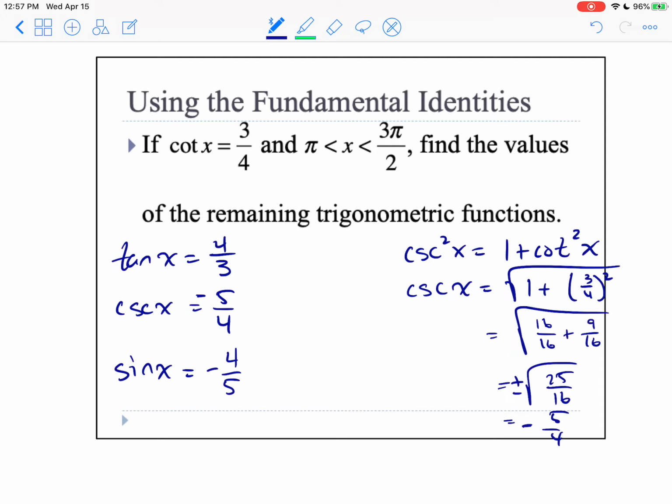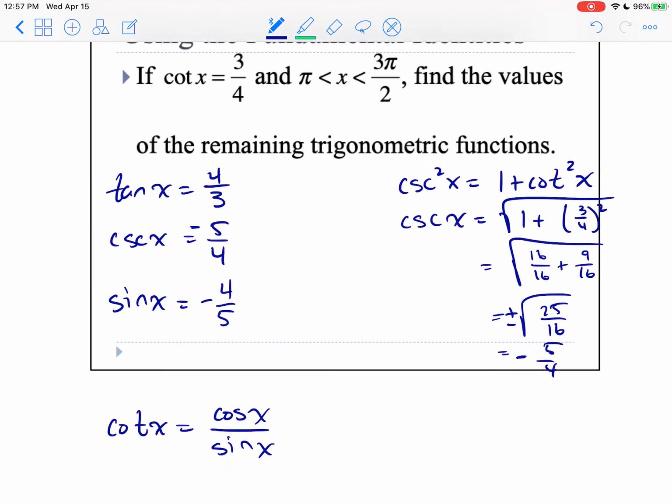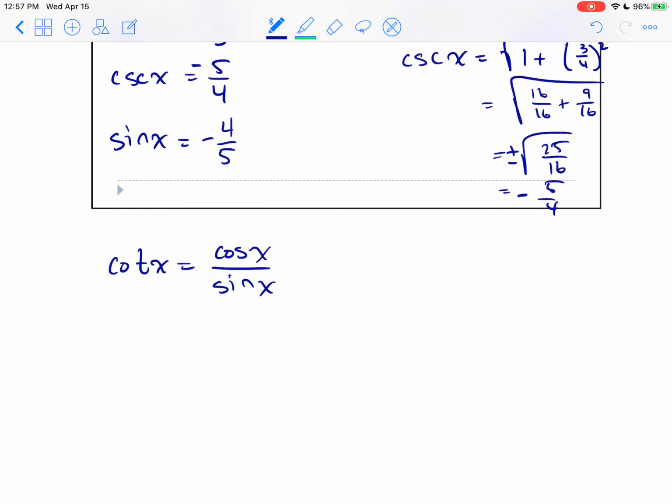Now I could use a Pythagorean identity to find cosine, but I think probably the better choice would be to use the definition of cosine, right? Or even using the definition of cotan, maybe. Okay? The definition of cotan, I'm going to do this down below here. The definition of cotangent is cosine of x over sine of x. And we already know sine of x, and we already know cotan of x because it was given.